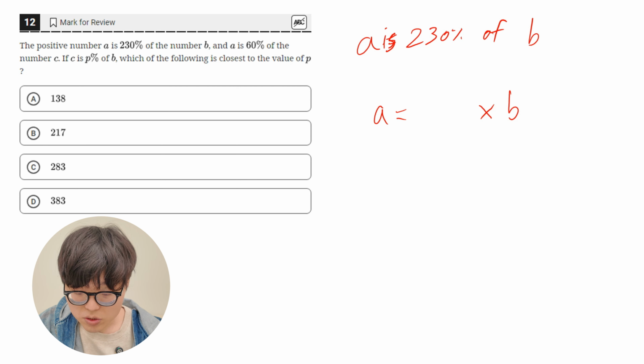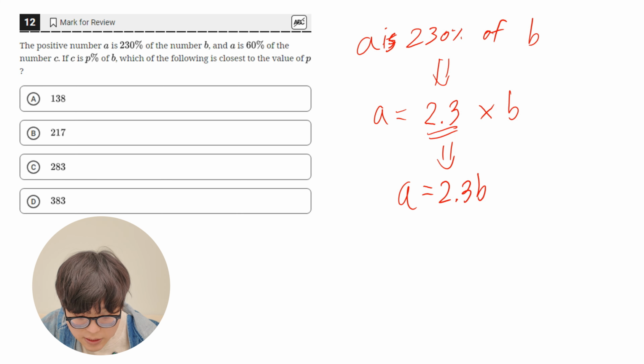And all we have to do is convert 230% to a number, because percentage talks about the rate. If you know about percentages, we know that 230% is the same value as 2.3. So here we can simplify this first sentence as A equals 2.3B.